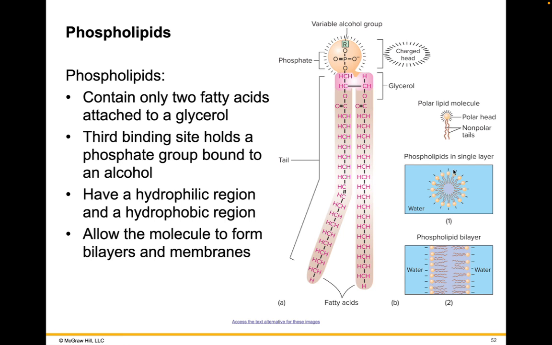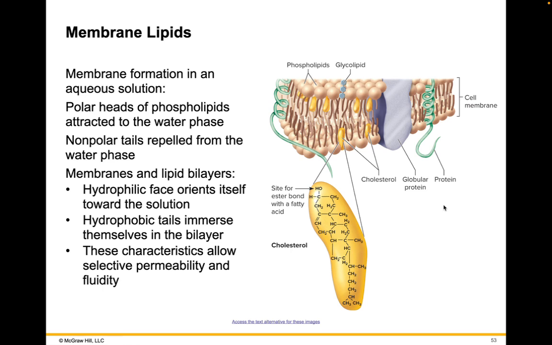And then we do have some lipids that will arrange this way in a single layer in water. So as I mentioned, membranes are made of 2 layers of phospholipids. And so the polar heads of the phospholipids are attracted to the water on both sides, and the nonpolar tails are repelled, so they're trying to stay inside.